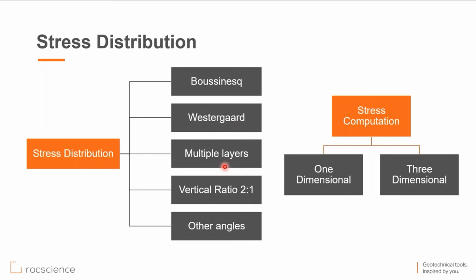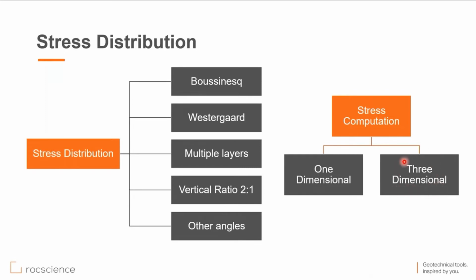Multiple layers: if you have a couple of layers with different parameters for the modulus, Poisson's ratio, and you want to distribute in the traditional vertical ratio 2:1 or any other angle. The stress computations in Settle3 may be one-dimensional and may be three-dimensional based on the pore water pressure parameters B and A.